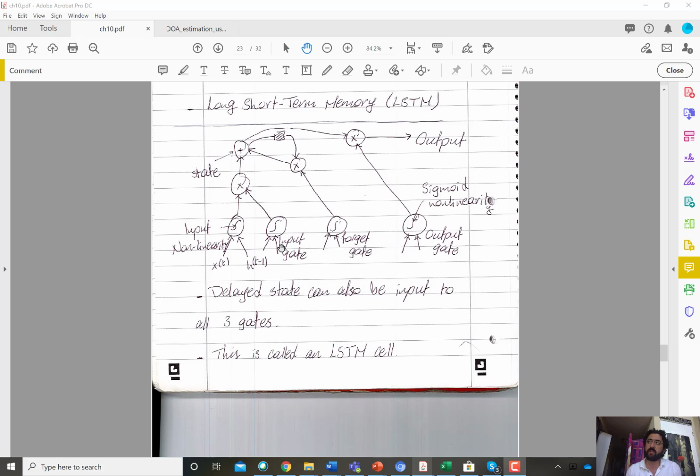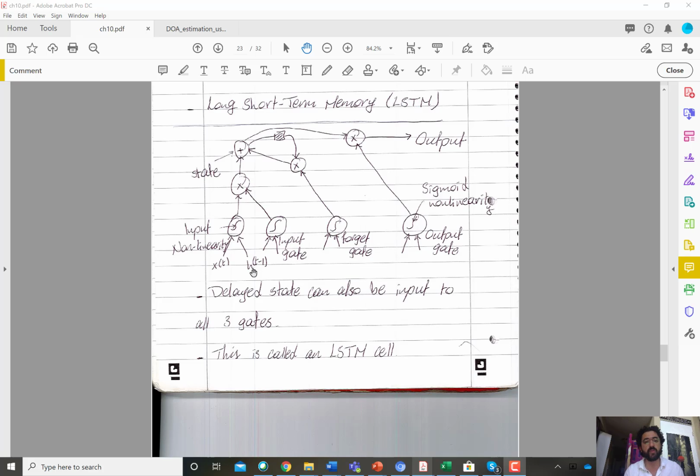The functionality of the output gate can be a little bit not straightforward to understand, and I'll defer that to the next video. So here, let's focus on the input gate, forget gate, and the input nonlinearity. We have as input x of t and h of t minus 1, the previous state.